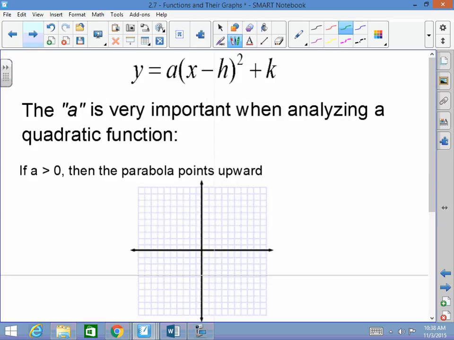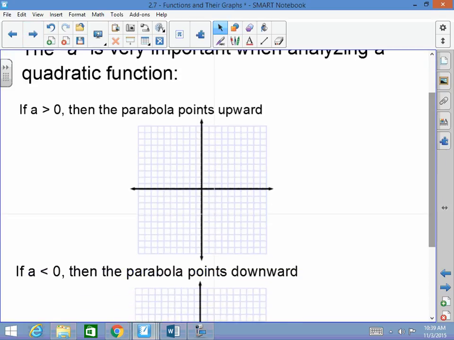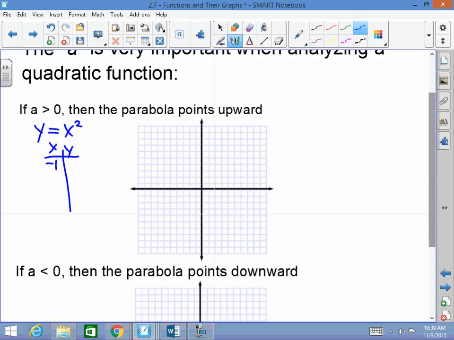Okay, the A is very important when analyzing a quadratic function. If A is greater than 0, then it points upwards. So I know that if I have, for example, let's say, just to make life easy, y equals x squared. Negative 1, 0, 1, 1, 0, 1. I know that it's going to point upwards.